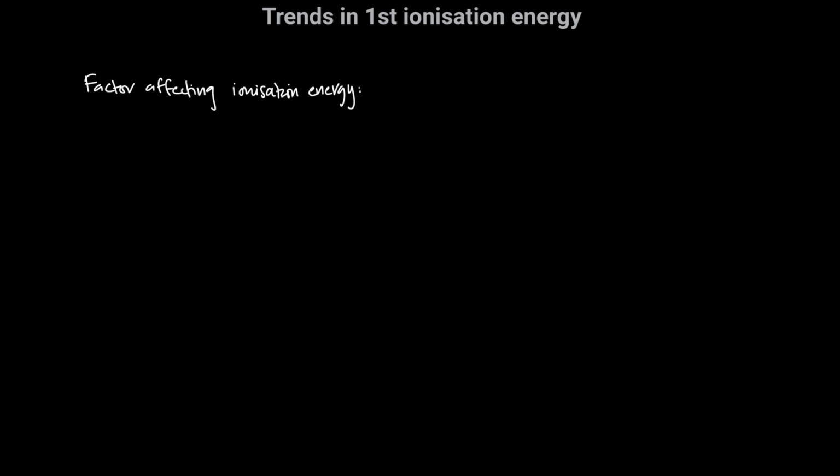The first factor that affects ionization energy is the nuclear charge, that is, the number of protons in the nucleus. We know that ionization energy is always endothermic, and a greater nuclear charge would mean a more endothermic ionization energy, because the first ionization energy is the energy needed to remove 1 mole of electrons from 1 mole of gaseous atoms to form 1 mole of 1+ gaseous ions.